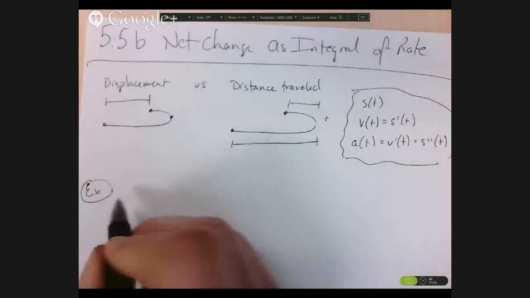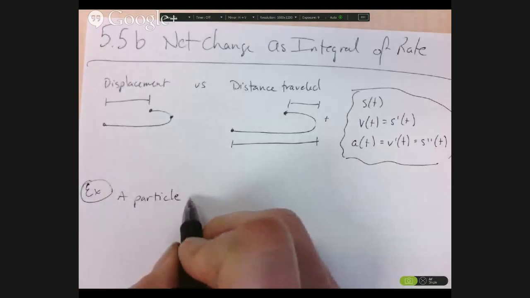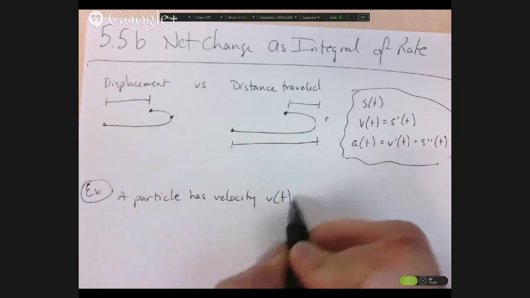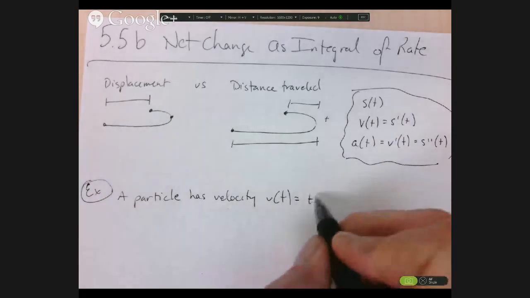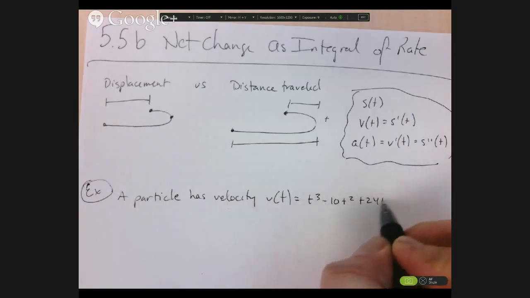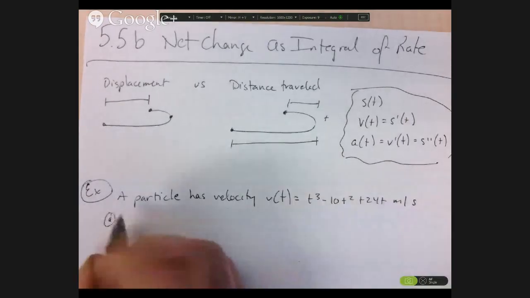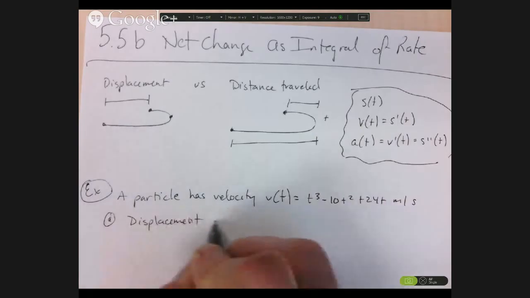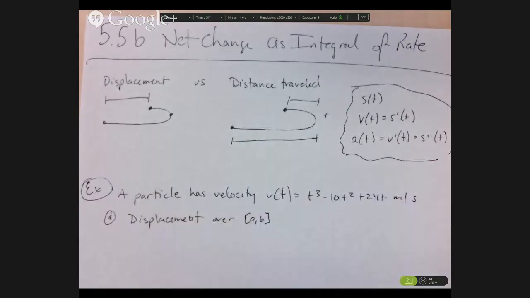Okay, this is a particle motion problem. The particle has velocity v of t equals t cubed minus 10t squared plus 24t meters per second. What is the displacement from 0 to 6 seconds?